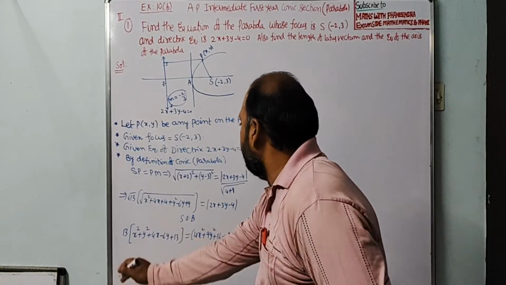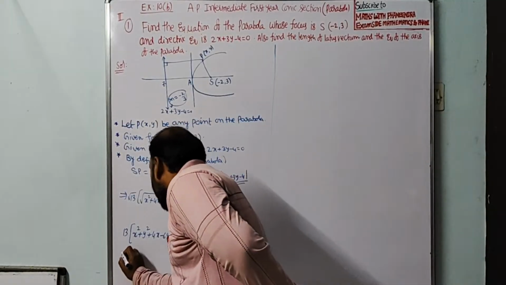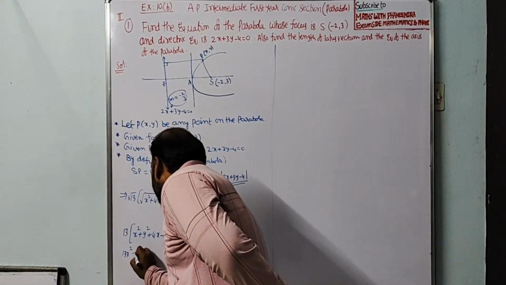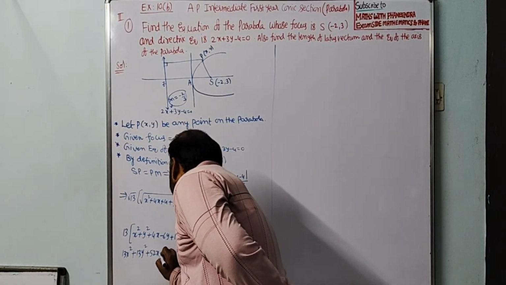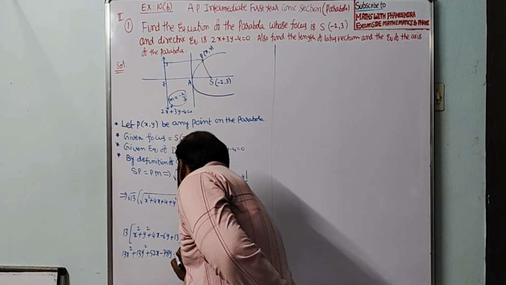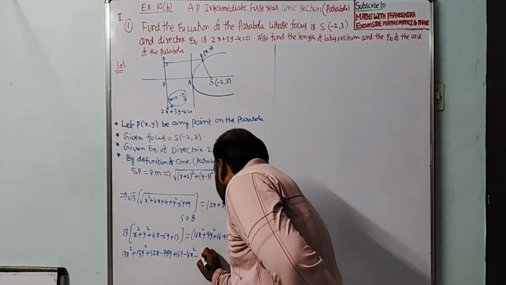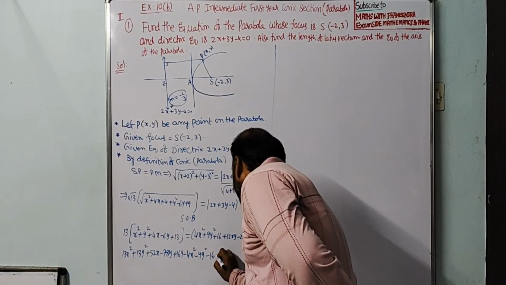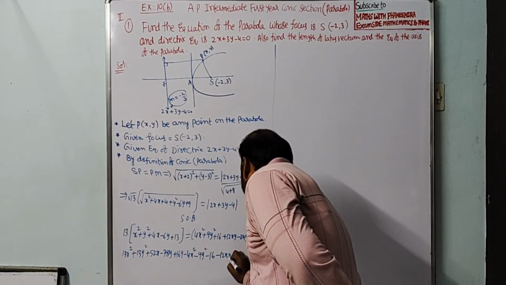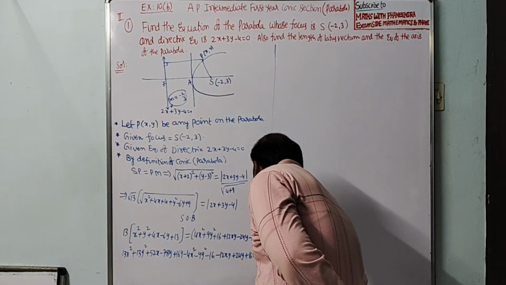Bringing these values to this side: 13x square plus 13y square plus 52x minus 78y plus 169 minus 4x square minus 9y square minus 16 minus 12xy plus 24y plus 16x equal to 0.